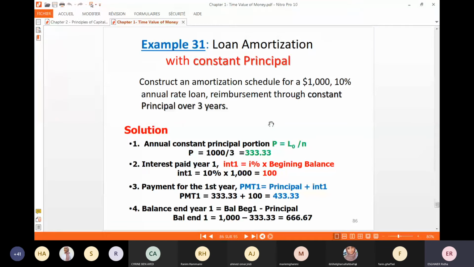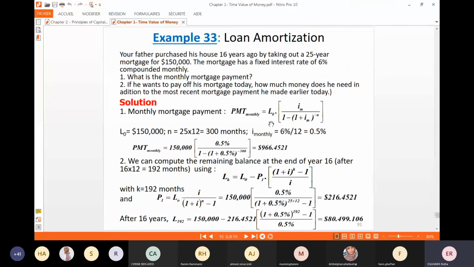وتنجموا عندكم الاكزامبل هذايا. فور اكزامبل خدمناه اكزامبل 33 فيه reimbursement of a loan through constant payments and the payments are monthly. So to compute the monthly payment we have to convert the interest rate into monthly rate bien sûr. والنمبر of payments إذا كان اللون على 25 years، number of payments that you will make هما 12 times 25 years هما 300 payments.